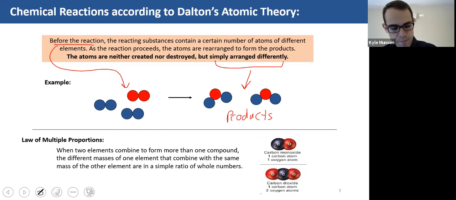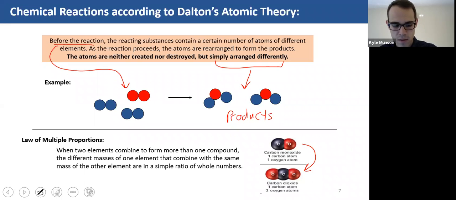So for example, carbon dioxide has a 1 carbon to 2 oxygen ratio, while carbon monoxide has a 1-to-1 ratio. In other words, carbon dioxide has twice the mass of oxygen, or oxygen atoms.